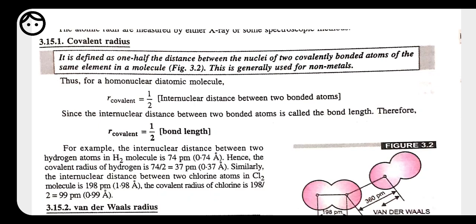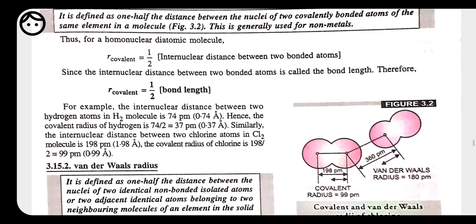Again the distance from one nucleus to another nucleus we can take. So it is defined as one half the distance between the nuclei of two covalently bonded atoms of the same element in a molecule.